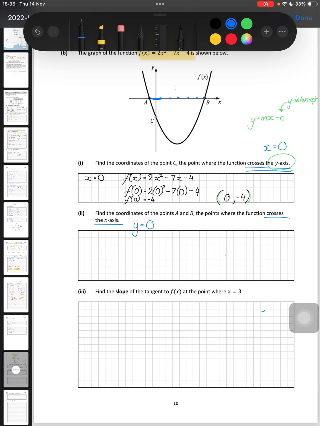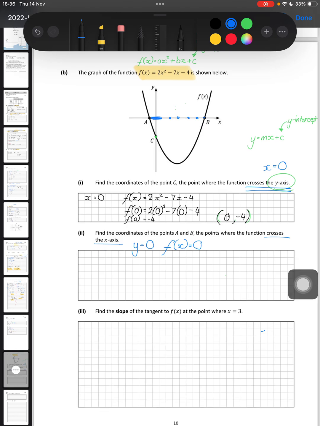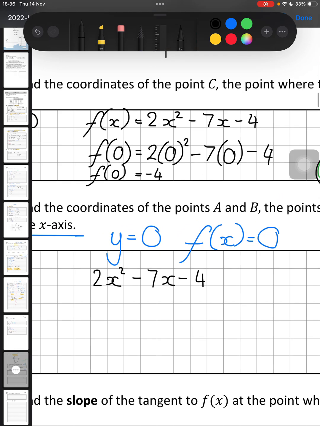That y-axis value is 0. Another way of saying y is 0, f of x is equal to 0. So f of x from up here was 2x squared minus 7x minus 4, and now I know that that is equal to 0.